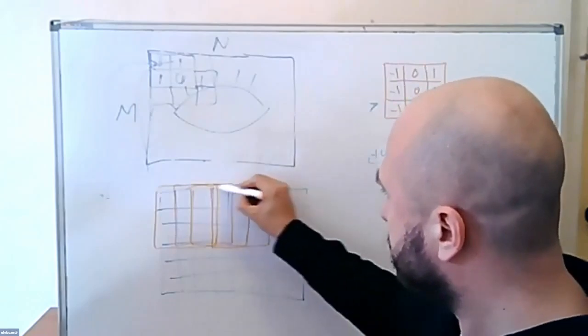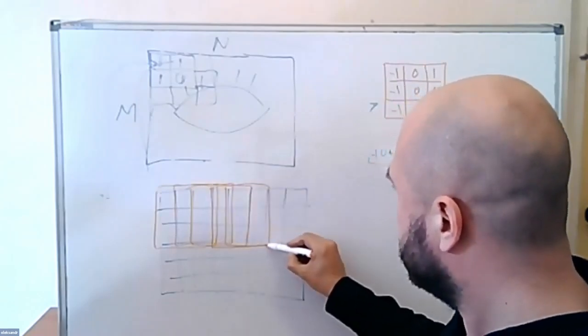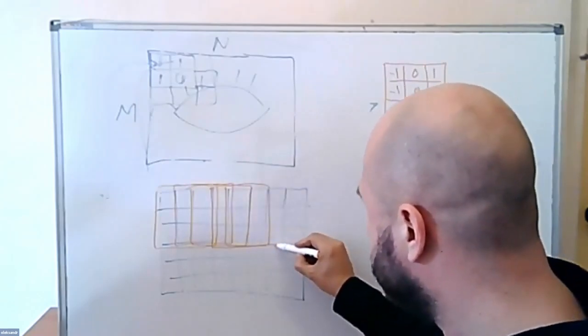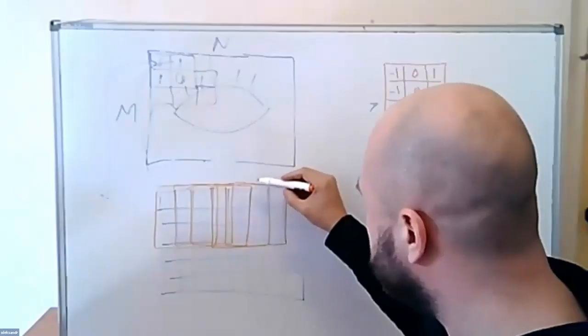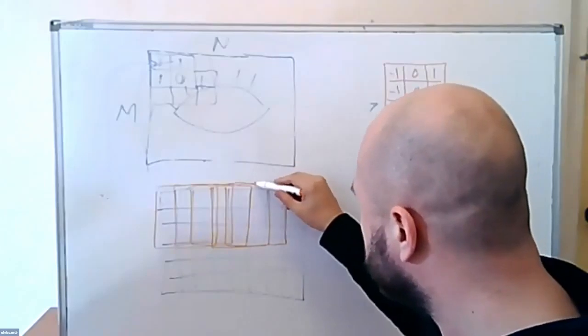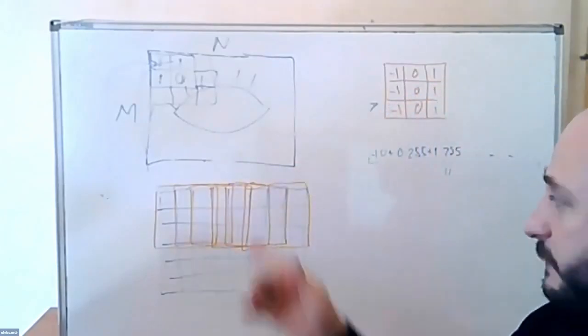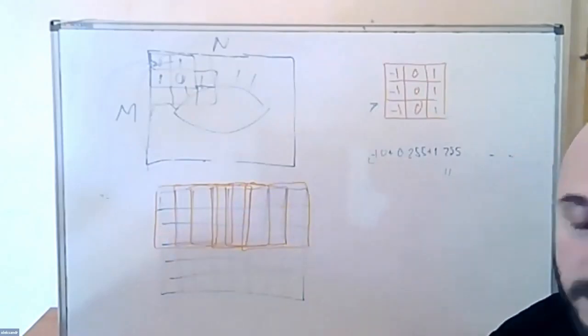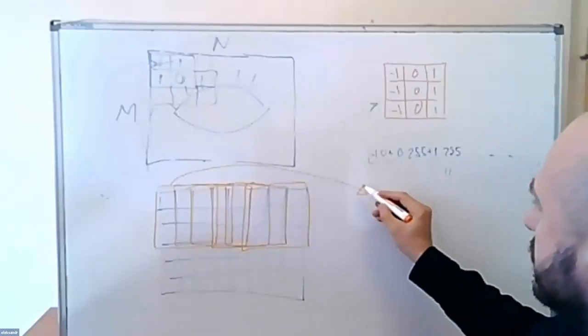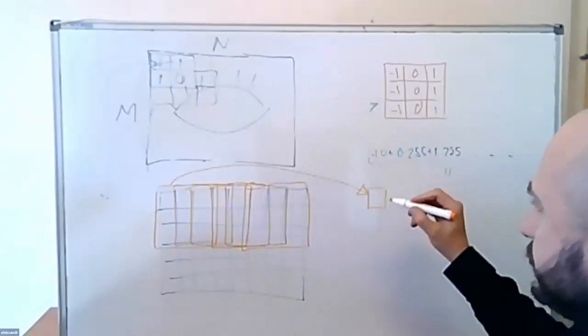Fifth time. One more. I'm just trying not to make a mistake here. So we have several convolutions in this row, right? Yes. And each convolution potentially produces a new pixel value, right?